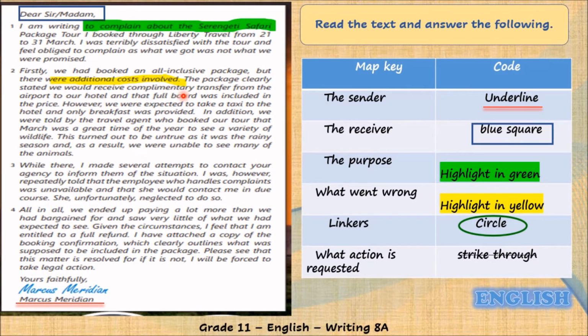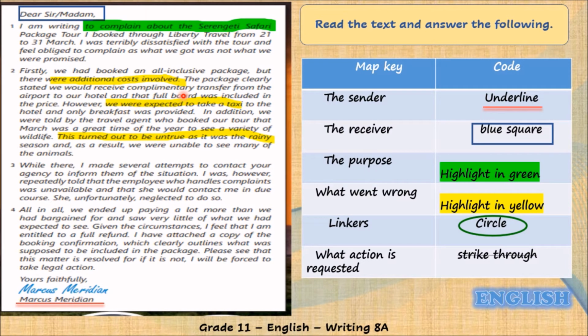The package clearly stated we would receive complimentary transfer, but we were expected to take a taxi to the hotel. Good. In addition, we were told by the travel agent who booked our tour that March was a great time of the year to see a variety of wildlife. This turned out to be untrue as it was a rainy season and as a result we were unable to see many of the animals.